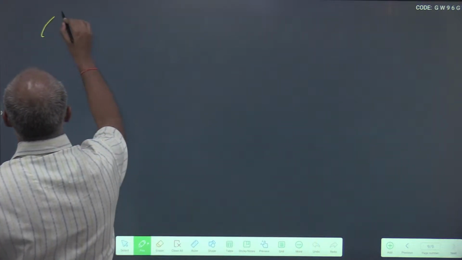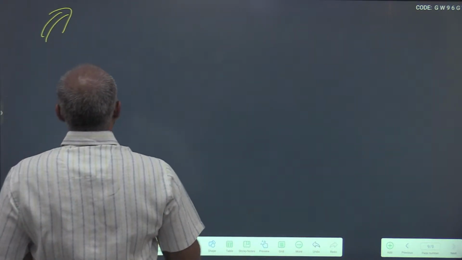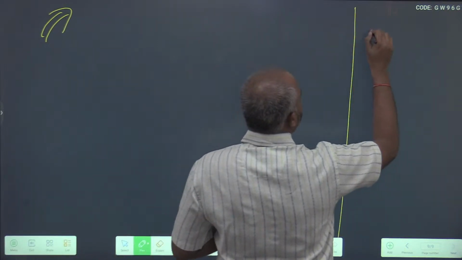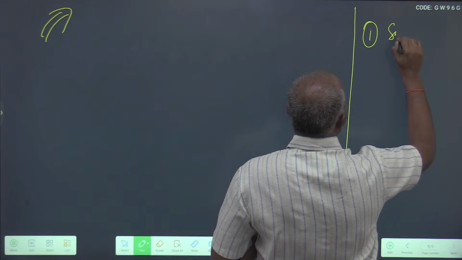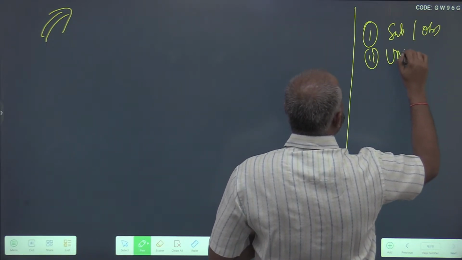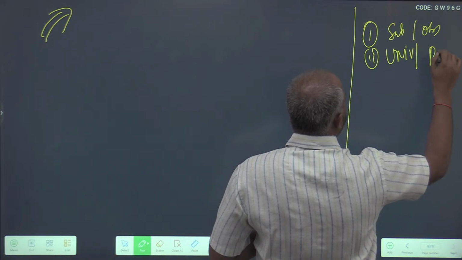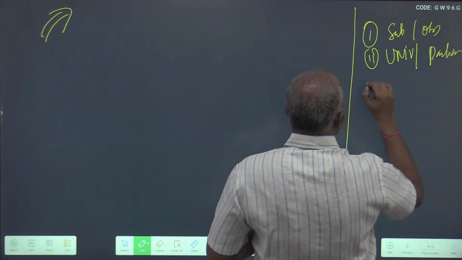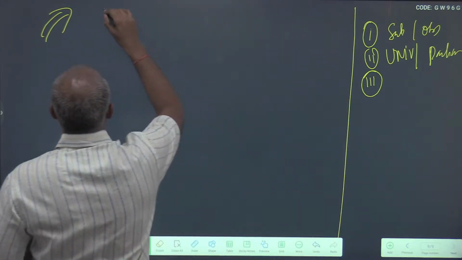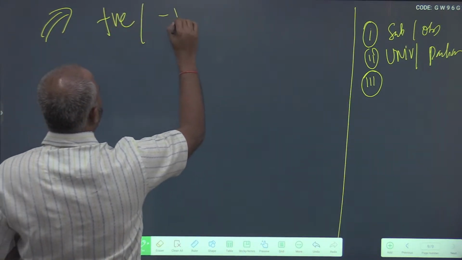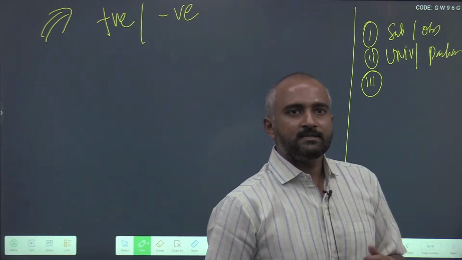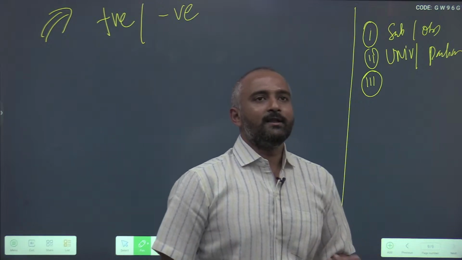Next, I am just summarizing what we have covered till now. First, we started with subject and object. Next, we have seen universal and particular. Third, we are going to see positive or negative. The third criterion is positive or negative.